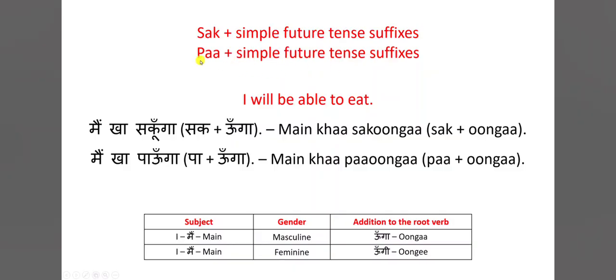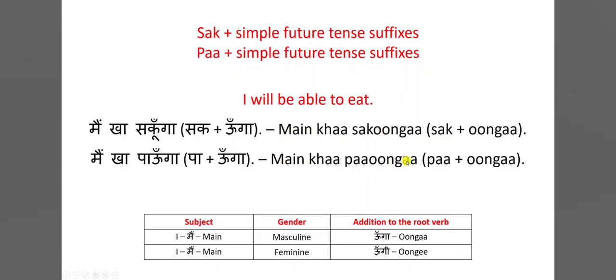to the word pa. Pa plus unga is paunga. Main is I. Kha is eat. Paunga is will be able to. Alright. So this is one way to say this.